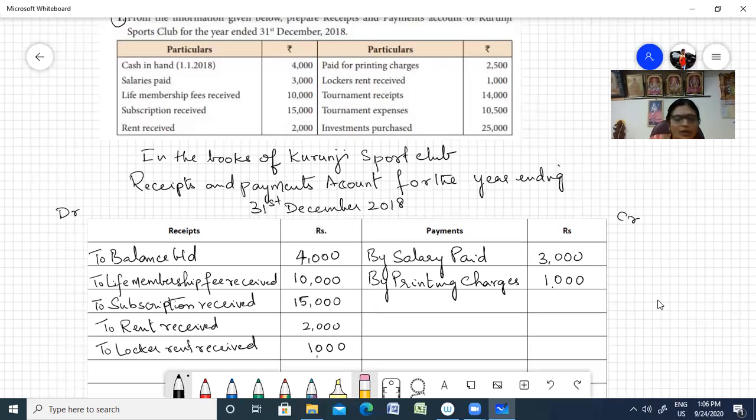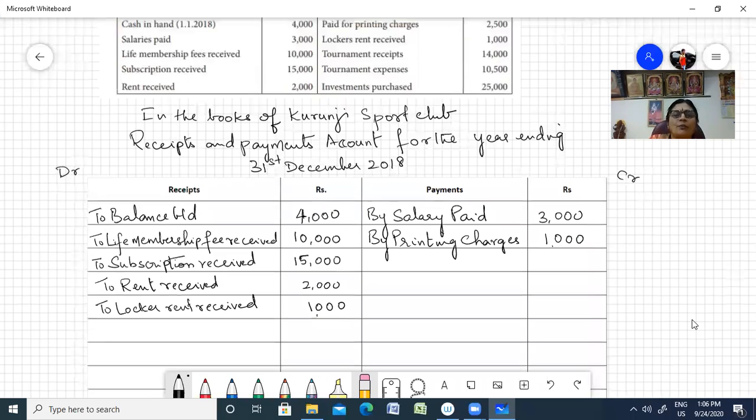Fine. Then you have your tournament receipts. Two tournament receipts, 14,000.